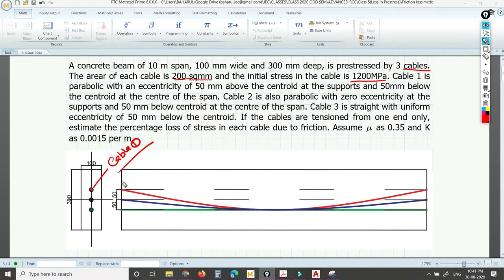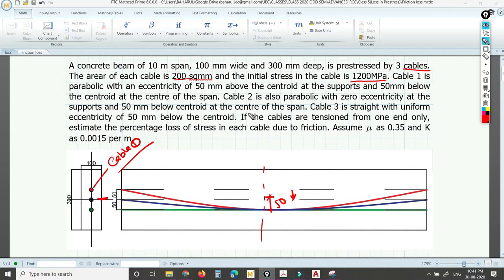It has an eccentricity of 50 mm above the centroid of the section at the end, and an eccentricity of 50 mm below the centroid at the midspan. So this is the profile of the first cable.